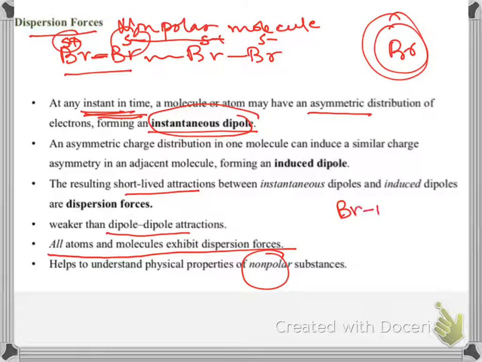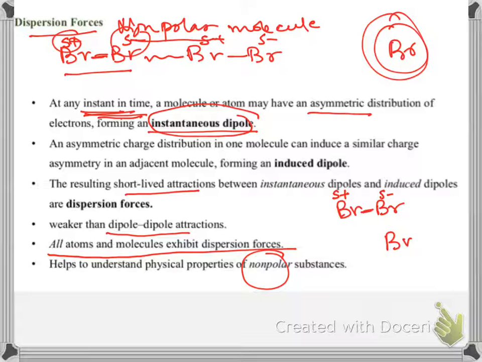Br2 is a nonpolar molecule, but since electrons are moving constantly, then at any instant in time, the asymmetric distribution of electrons can bring a partial positive charge on one bromine and a partial negative charge on another bromine.